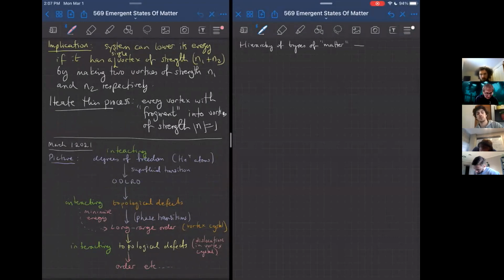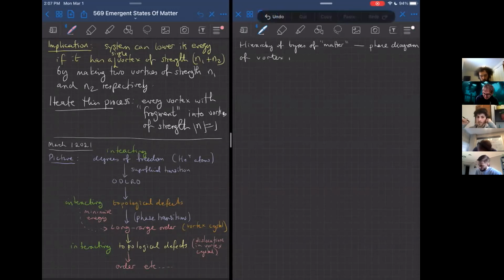And we're going to look at the phase diagram of vortex matter. So let's talk about section part 4 of the current chapter in my notes, and this is called the onset of vortex creation.